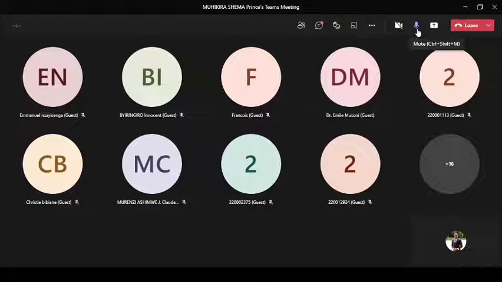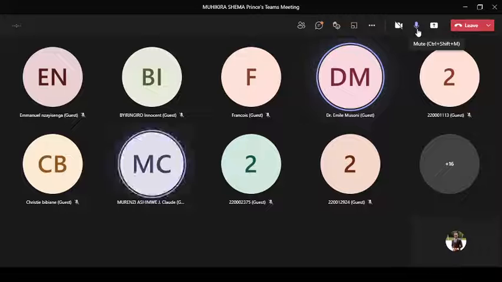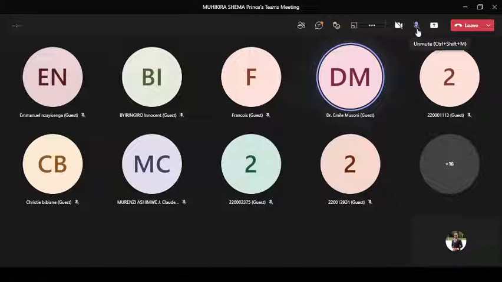Yes, it is clear that the assignment is individual. Okay. This one is individual. Then the deadline: it is before the final exam. Okay.